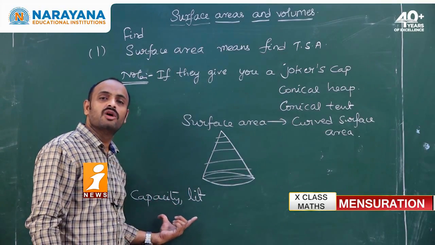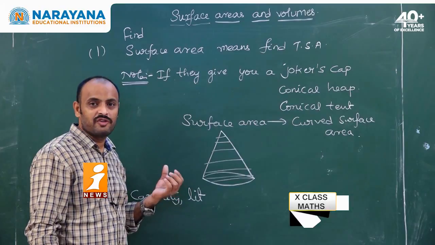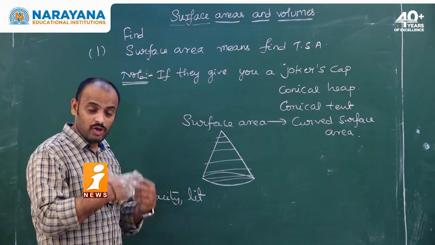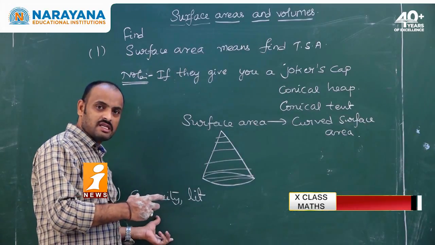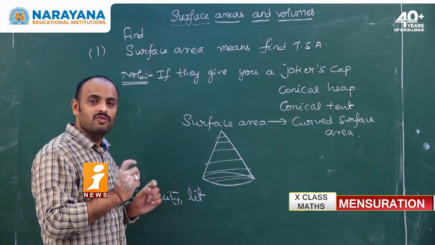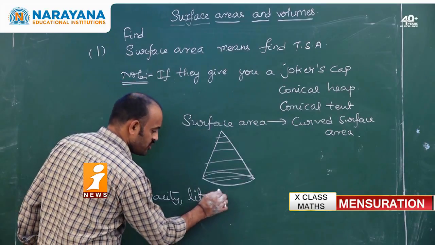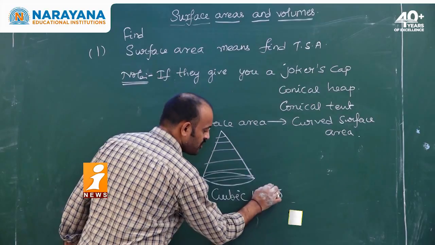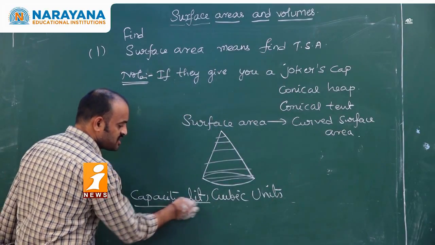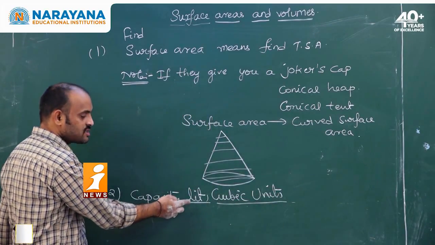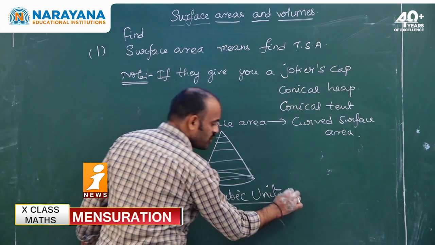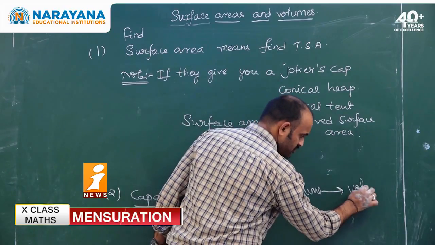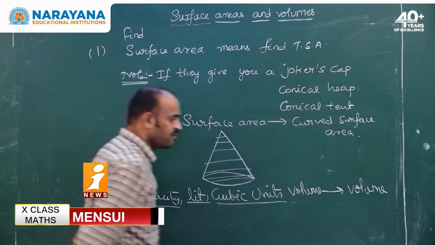That is nothing but volume. Whenever they ask you to find capacity, liters, or how much it can hold, use only the volume formula. Cubic units. If you observe capacity, liters, cubic units, simply use the volume formula to find the volume.